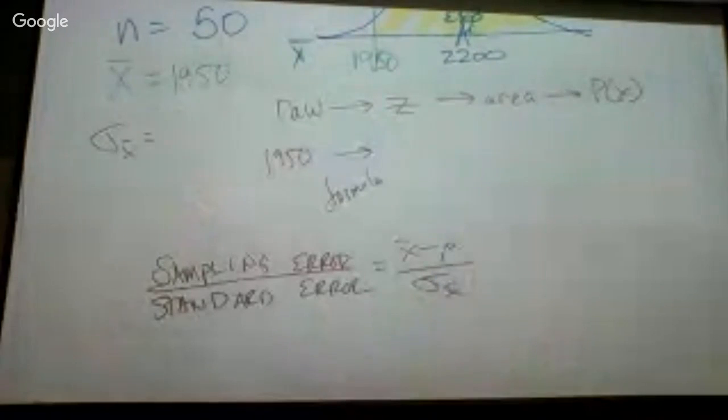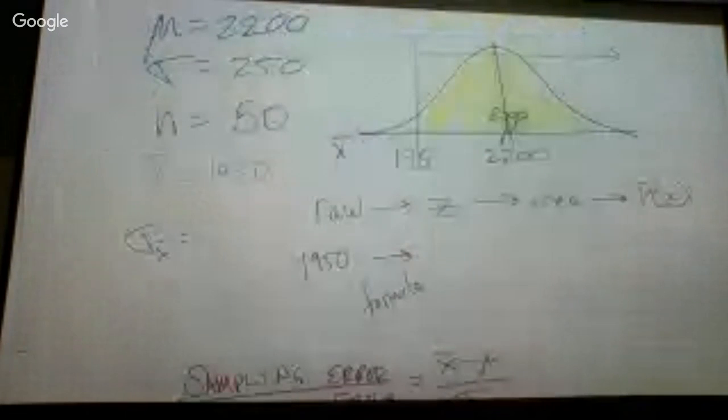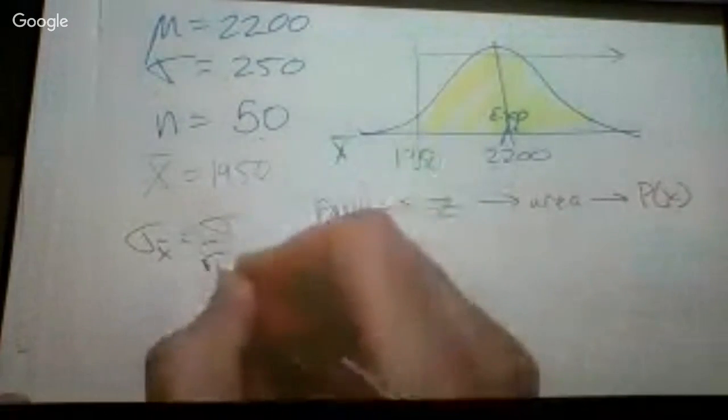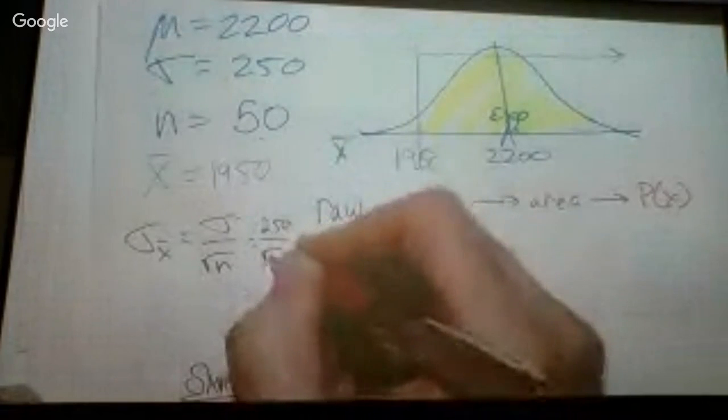Formula for standard error, we're going to leave here knowing this. I don't have that, but what do I have? Sigma. I do have sigma. Sigma over square root of n. That's going to get me 250 over square root of 50.